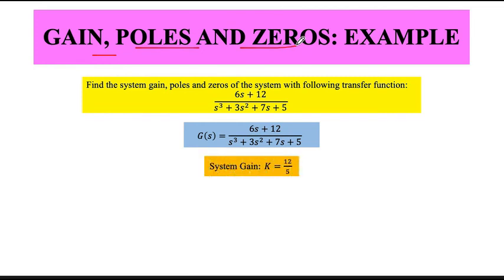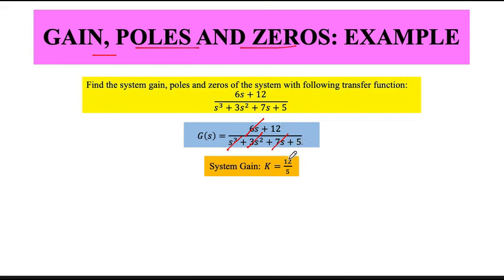If s is equal to 0, I will have 12 by 5, because all the other terms become 0. So my DC gain is 12 by 5.